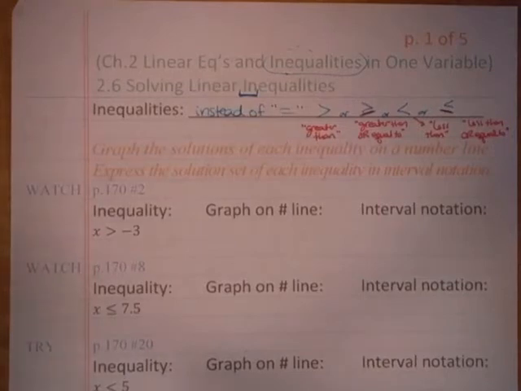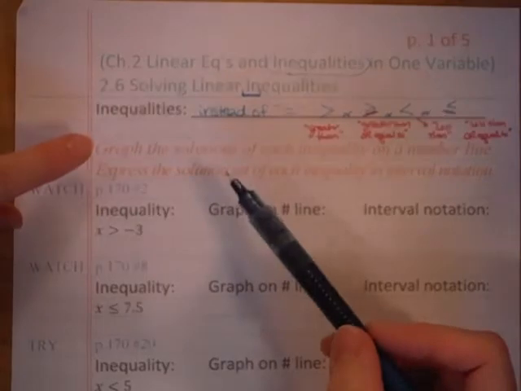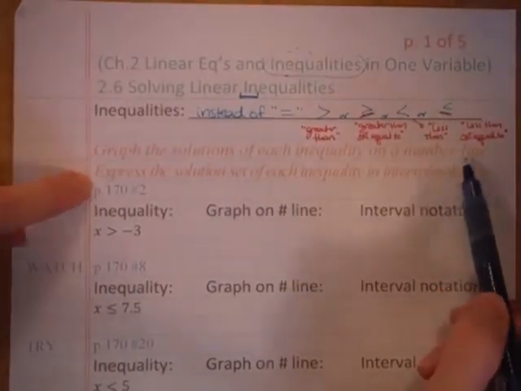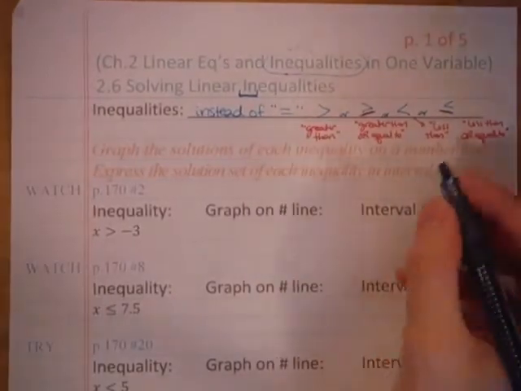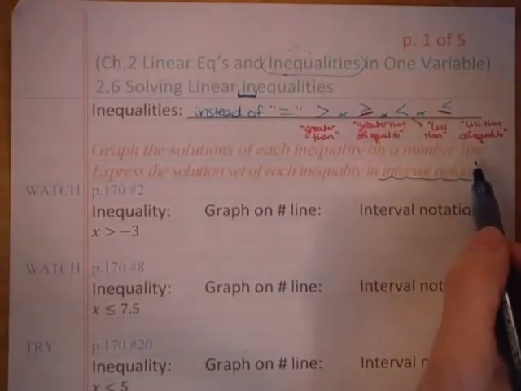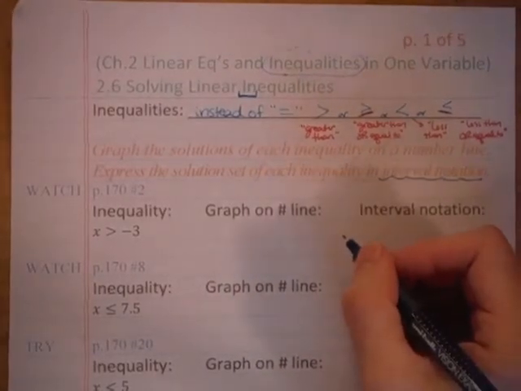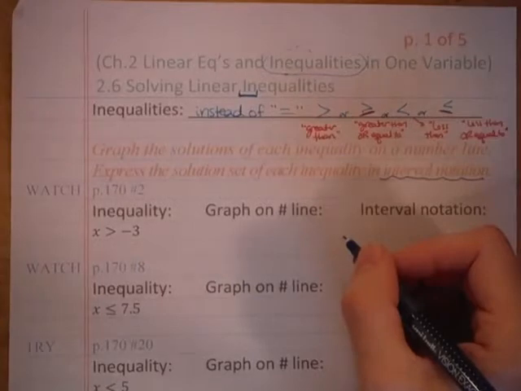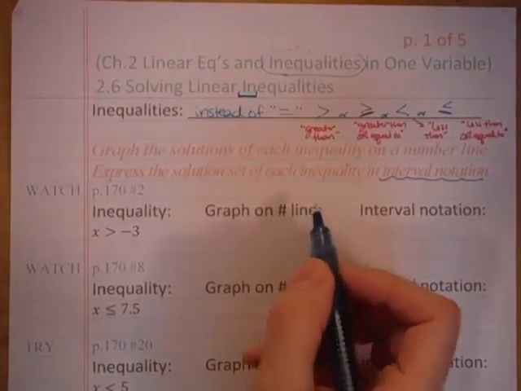So you'll start 2.6 with several problems. Some of them just ask you to graph them on the number line, and then a set asks you to express the solution set in interval notation, and that's probably the new piece that's being added. You might remember graphing on a number line. We're going to step up the graphing using symbols that maybe you aren't as used to. I know I was taught to do a closed dot and open dot.